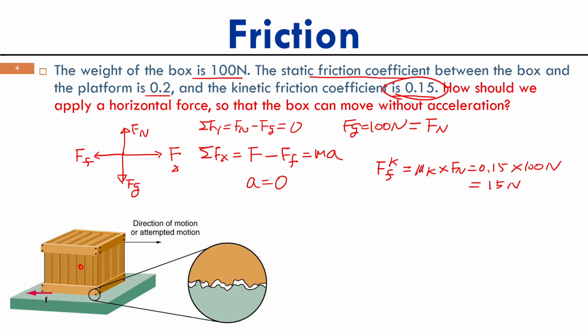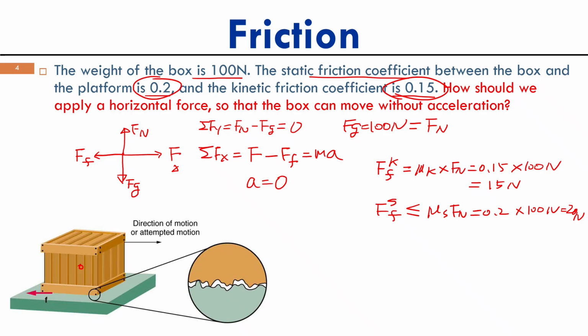And we know the static friction force is a range. It's smaller than or equal to mu s times the normal force. The static friction coefficient is 0.2, so it equals 0.2 times 100 Newton, which equals 20 Newton. So that means the maximum static friction force is 20, but the kinetic friction force is 15.